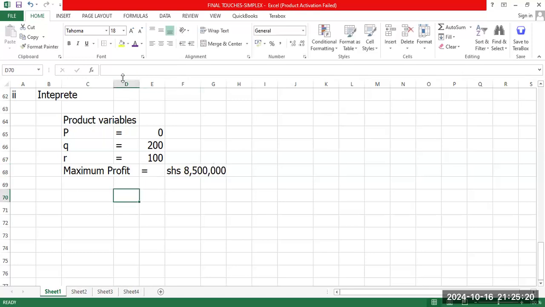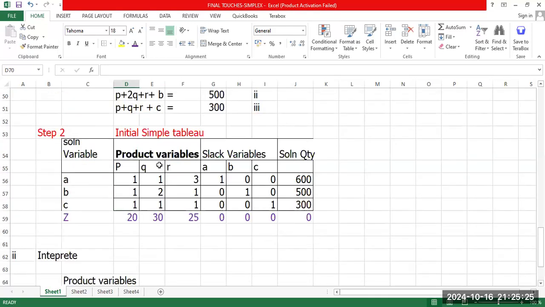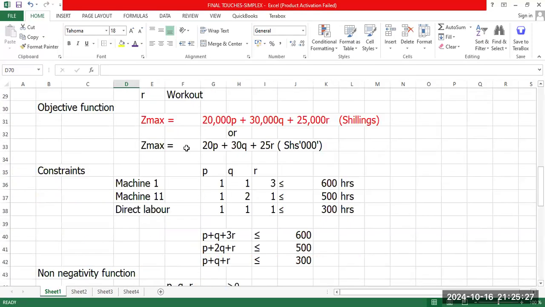And if you want to prove, you can prove. Just bring here your objective function.